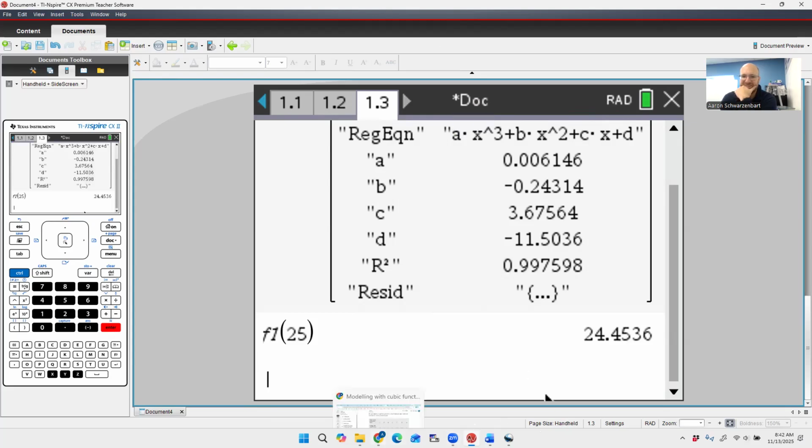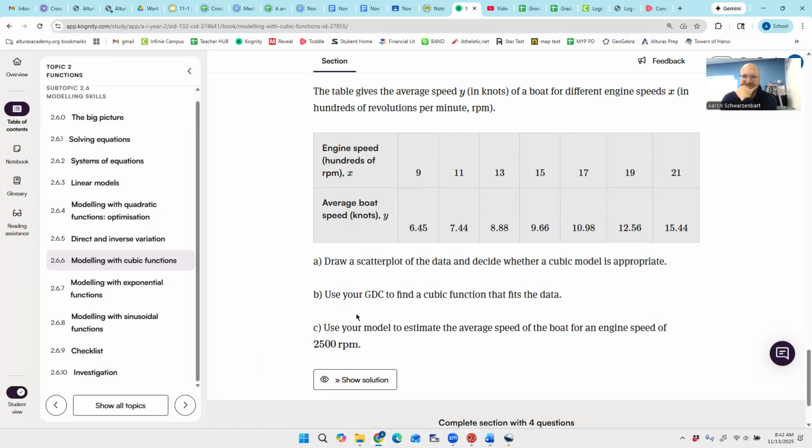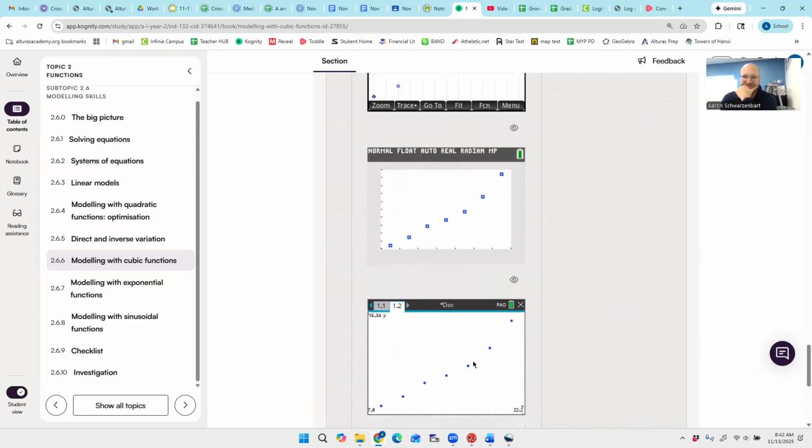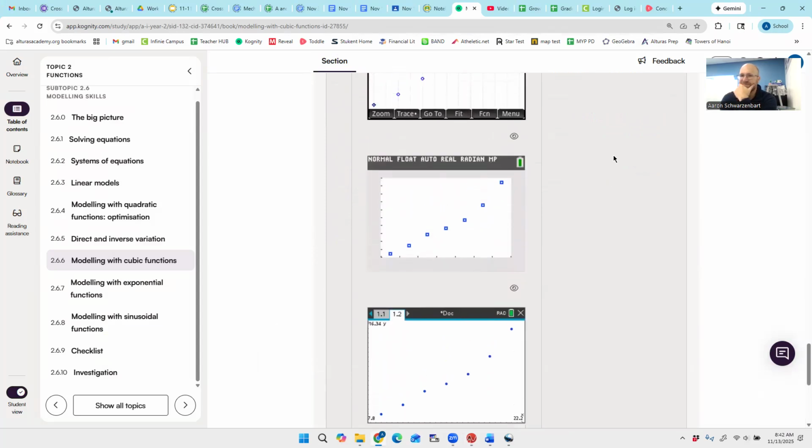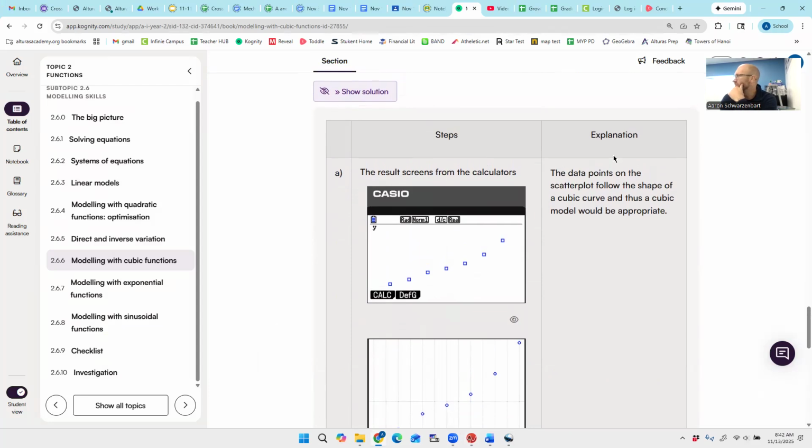Knots, I think. Sure beat plugging in 25 for all those and typing it out though.